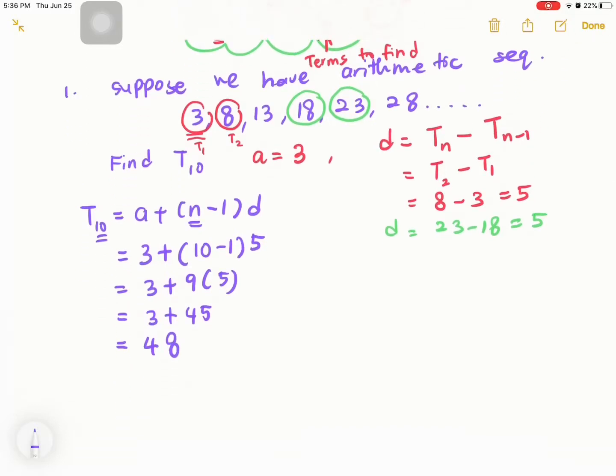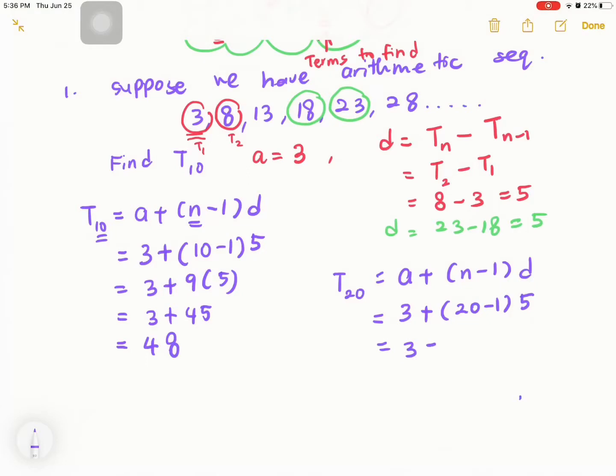Next one. What if you need to find T20? Still the same, using the formula A plus n minus 1 D. Our A is 3 plus n is 20 minus 1, and D is 5.